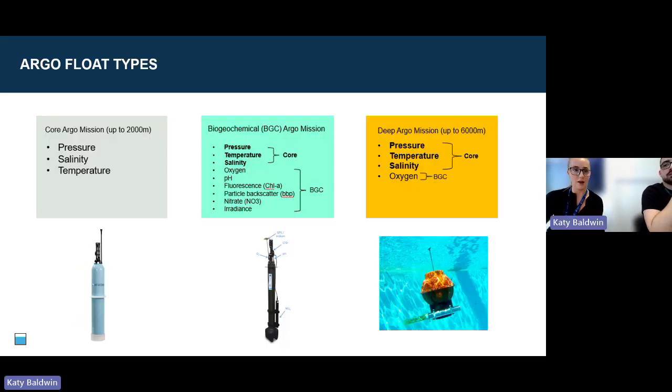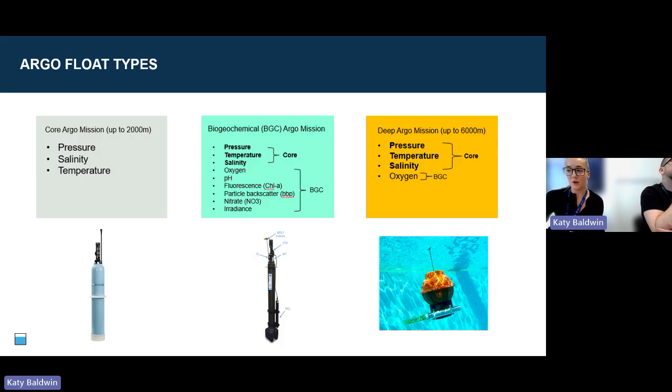So I just mentioned that the profiling depth depends on the type of float that's been deployed. So we have core Argo floats, and these floats collect the standard pressure, salinity and temperature measurements at a maximum depth of 2,000 metres. And then following advancements in platform and sensor technologies, additional sensors have been added to Argo floats in recent years, allowing them to collect biogeochemical, so BGC, parameters, such as dissolved oxygen, pH, particle backscatter, irradiance and chlorophyll A, as well as the standard core parameters.